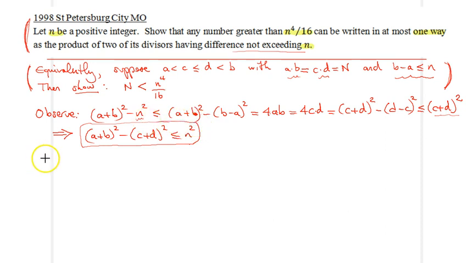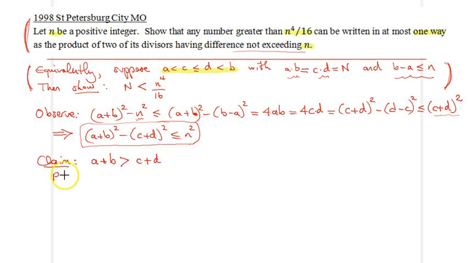In the meantime, I make the following claim next. I claim that if a, b, c, d are ordered in the following fashion, then it must be the case that a plus b is greater than c plus d.